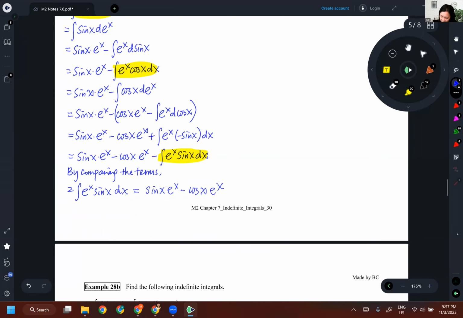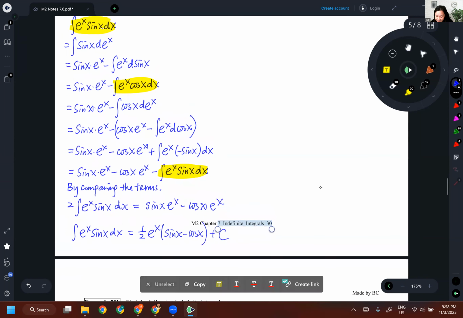So one integral e^x sine x dx equal 1/2 e to the power x times sine x minus cosine x. Let's see. Do you see what I mean?